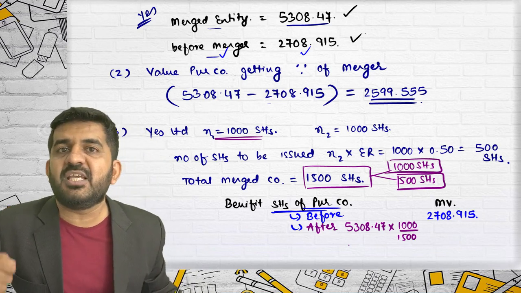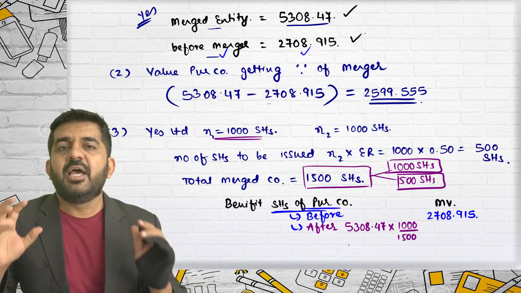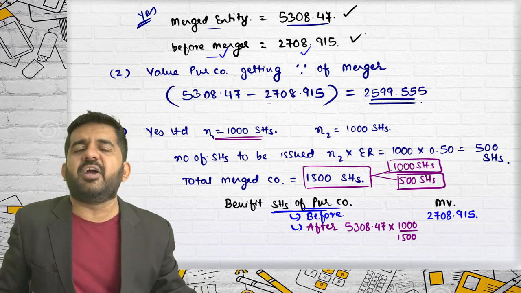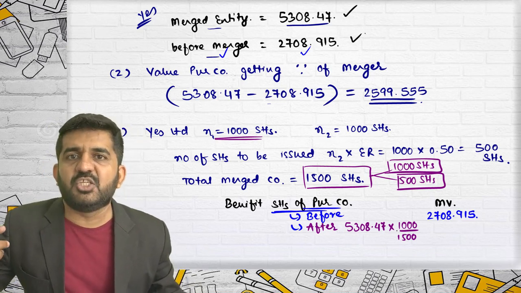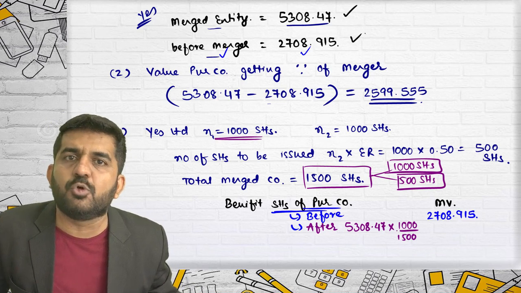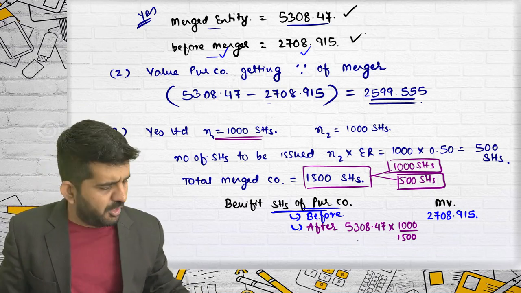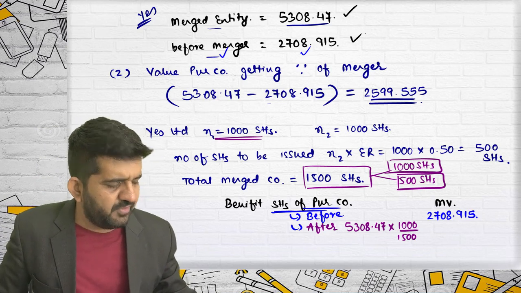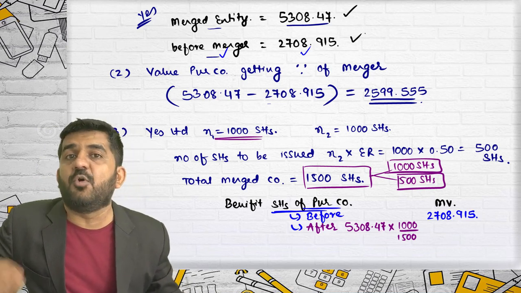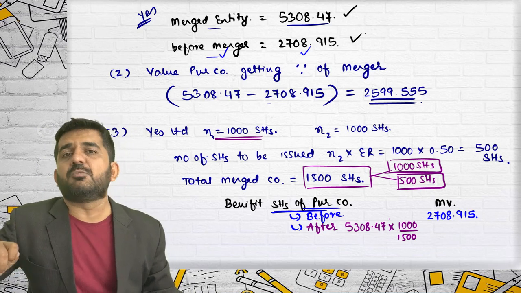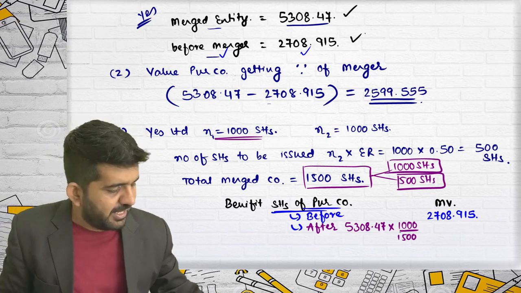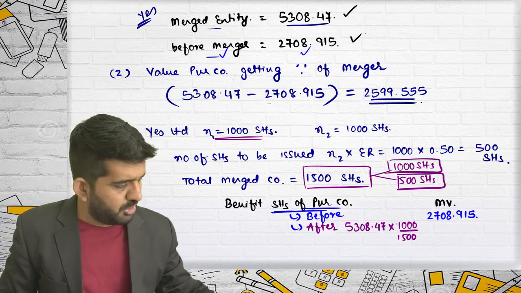So they have 1000 divided by 1500, that is 1 divided by 1.5 portion of the total merged entity. Is it correct? You can also find it this way: 5308.47 is the total market value of all the shareholders. Then find the market value per share, and multiply it with 1000. You will get the same answer.